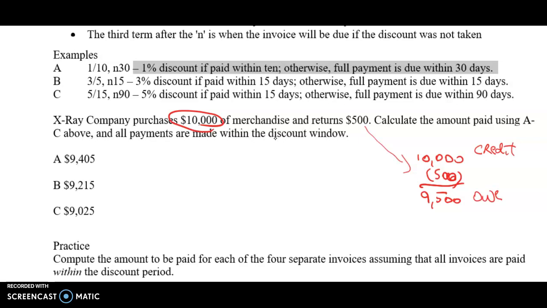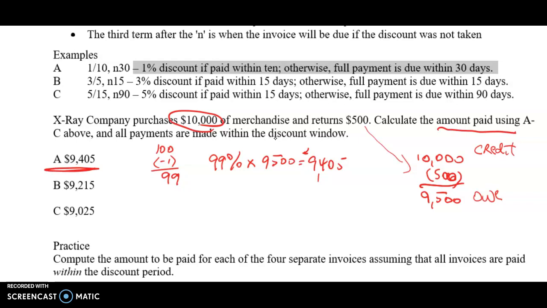So for A, this is how I do it. 100 minus 1 is 99. 99% times 9,500 equals 9,405. So what did I just do? I calculate the amount paid.